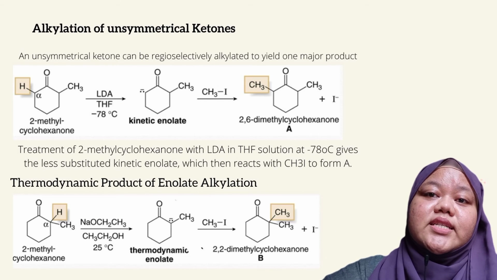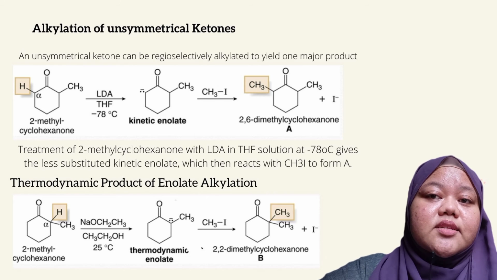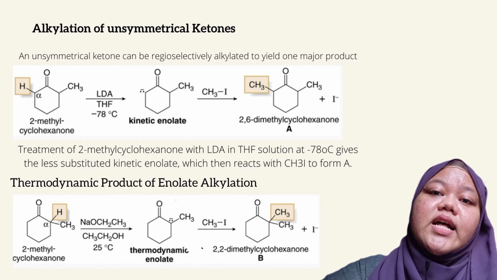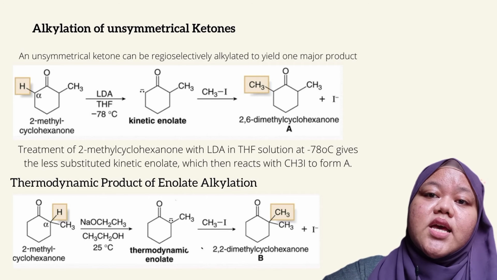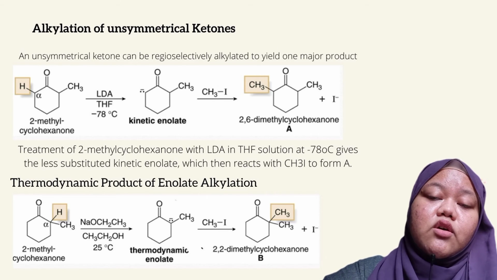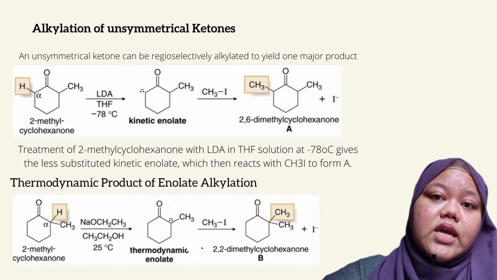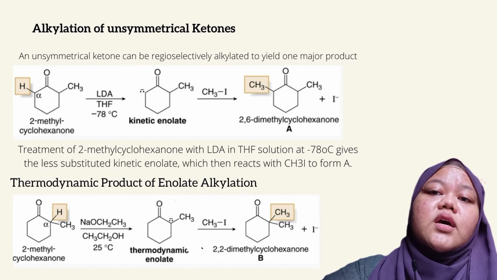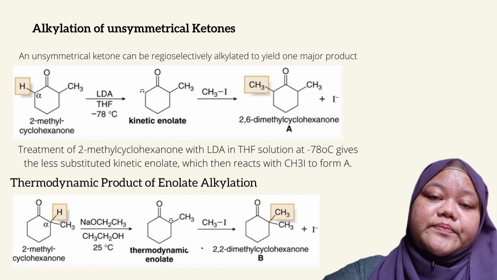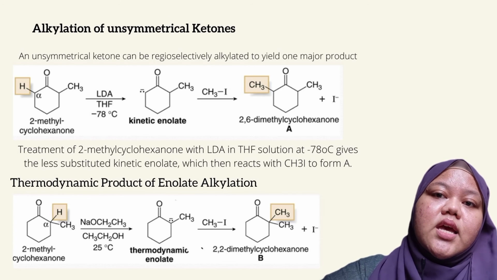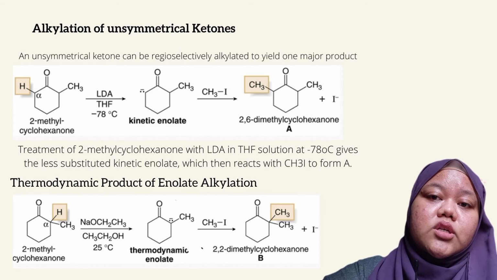Alkylation of unsymmetrical ketones. An unsymmetrical ketone can be regioselectively alkylated to yield one major product. Treatment of 2-methylcyclohexanone with LDA in THF solution at negative 78 degrees Celsius gives the less substituted kinetic enolate, which then reacts with CH3I to form A. For the thermodynamic product, 2-methylcyclohexanone with sodium ethoxide in ethanol solution at room temperature forms the more substituted thermodynamic enolate.